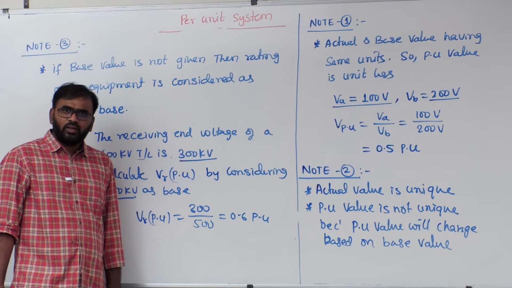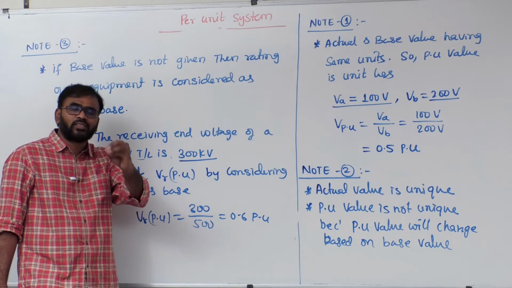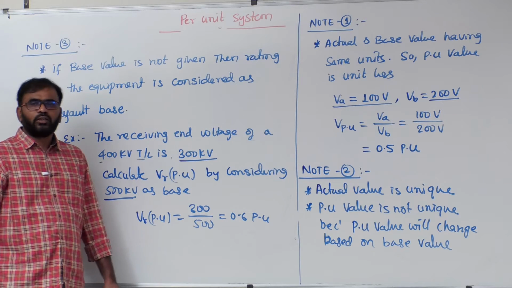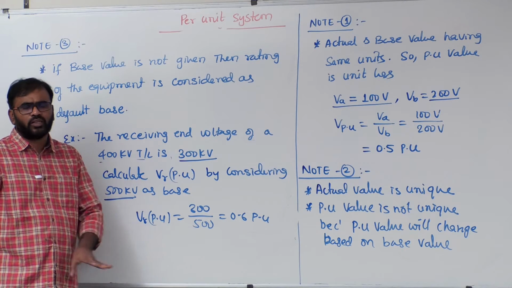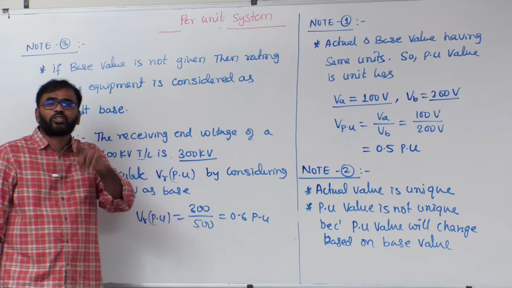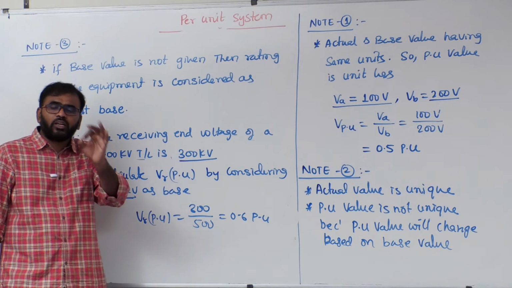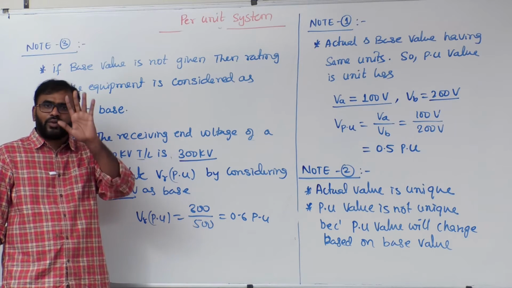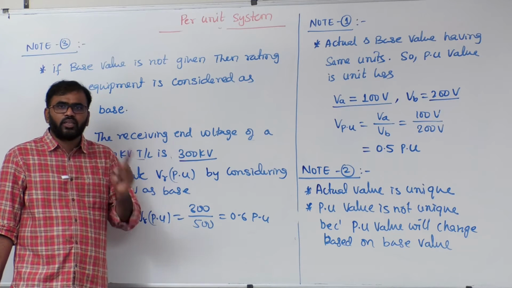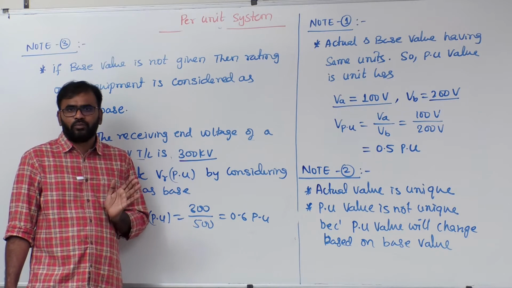But if the base is not given, consider the rating of the machine as the default base. In 90 to 95% of problems, the base parameters are not given. If the base value is not given, by default the base is the rating of the machine.